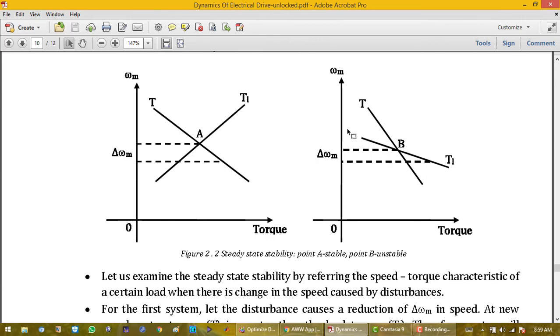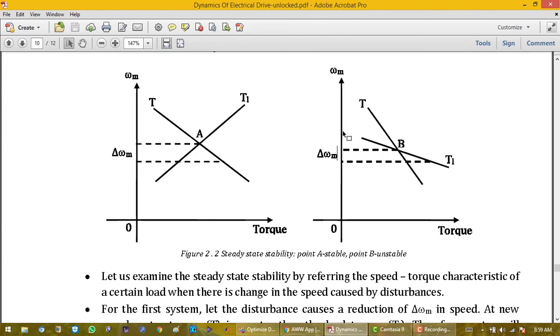Now if the speed increases, suppose the speed is now in this position. In this position, the motor torque is higher, whereas the load torque is less. If motor torque is higher and load torque is less, the motor will accelerate.